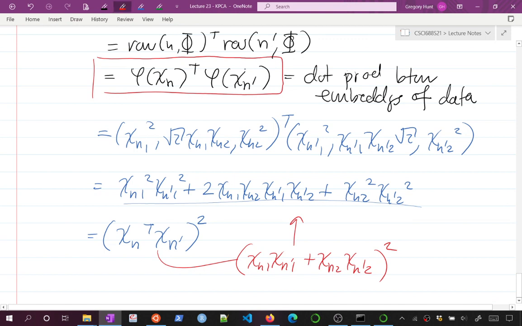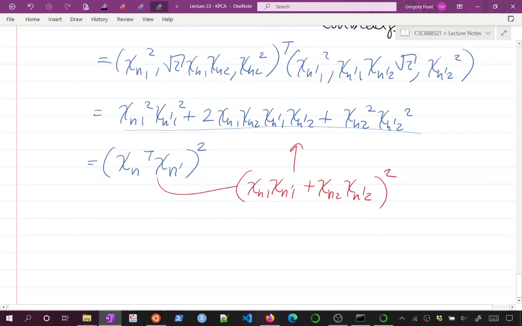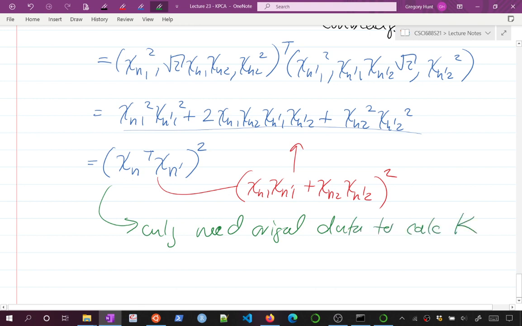The only thing I need to calculate my K matrix is to take the dot product between my original unembedded data, which is p-dimensional, and square that. So I only need original data to calculate elements of K. No embedding required. I don't need to know the phi.